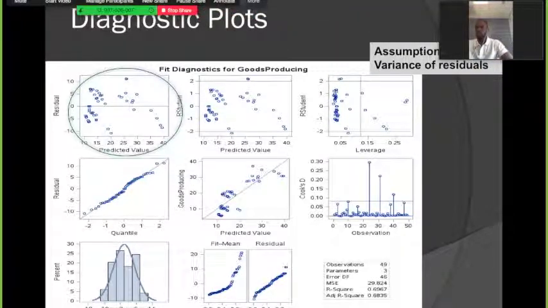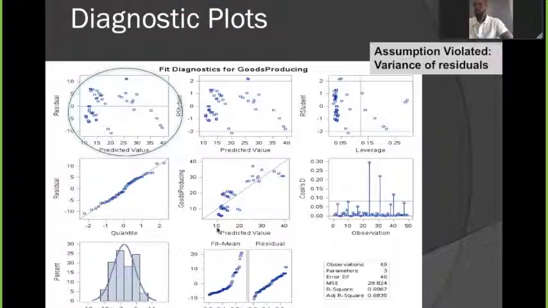Now, when we actually looked at the diagnostic plots, we saw a slightly different story. As we can see, in the QQ plot, the residuals line up pretty closely with the plotted line, which is what we would like to see. And the residuals in the bottom left plot show somewhat of a normal distribution.